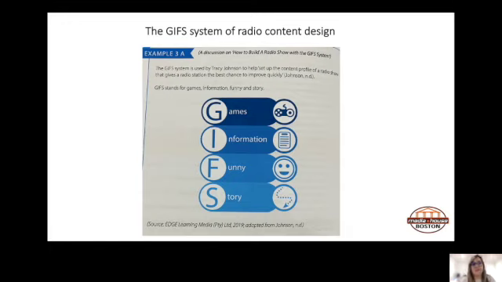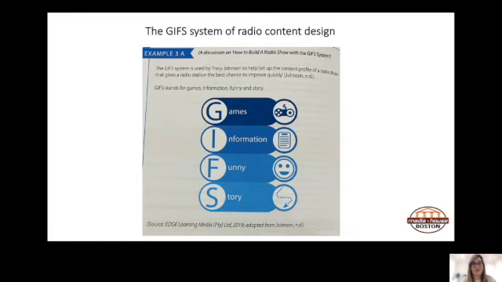The GIF system is used by Tracy Johnson to help set up the content profile of a radio show that gives the radio station the best chance to improve quickly. So that's everything that we're doing now at the moment, just trying to give the radio show the best chance of success in the long run, and now we're trying to improve it quickly.